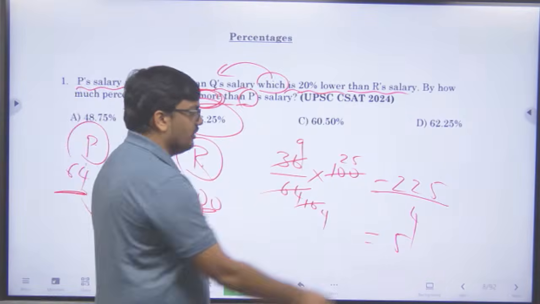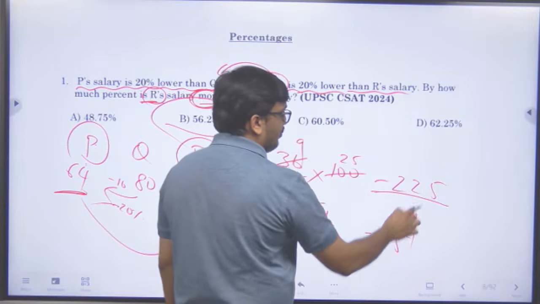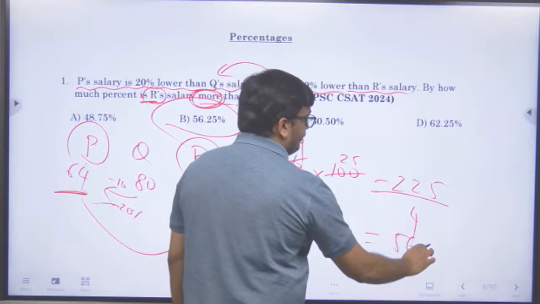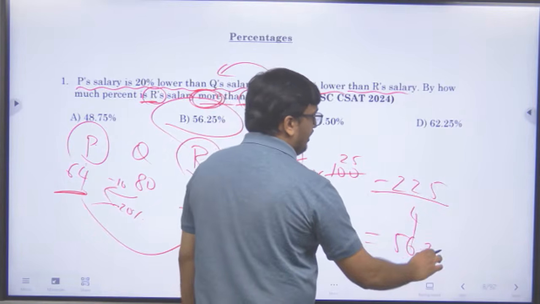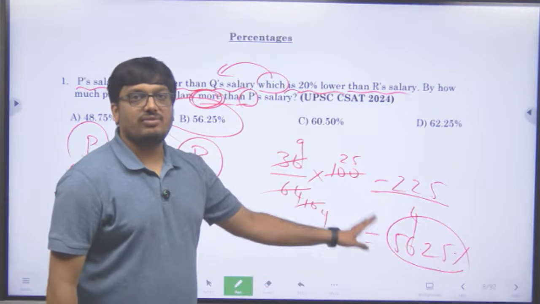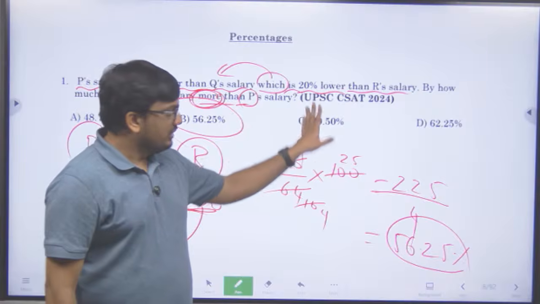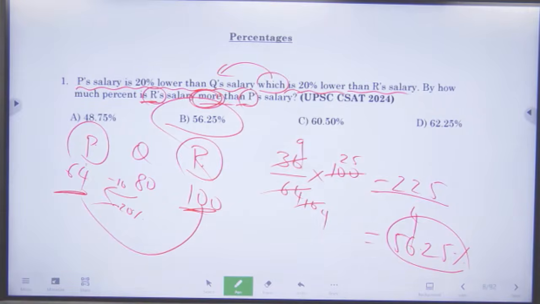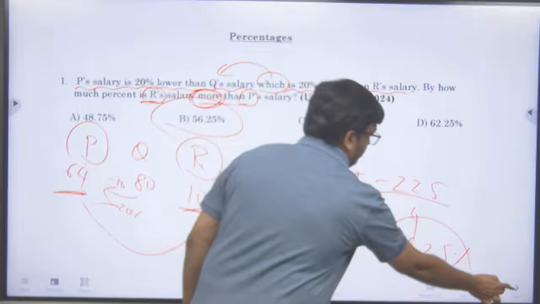So in UPSC there is no simplification. First understand the methodology. This is the method to solve. Next question we'll see.